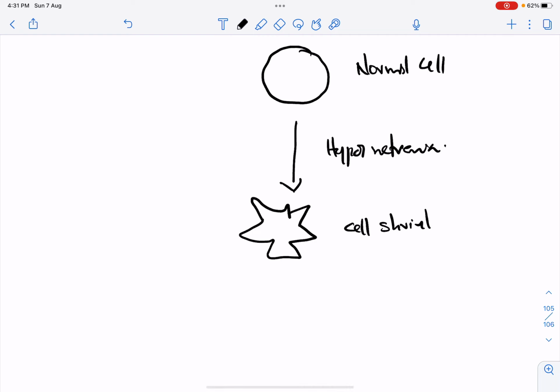But what if the hypernatremia persists? There is sustained hypernatremia, so there will be an adaptive increase in cell size, like this. Okay, this is called adaptive increase in cell size.